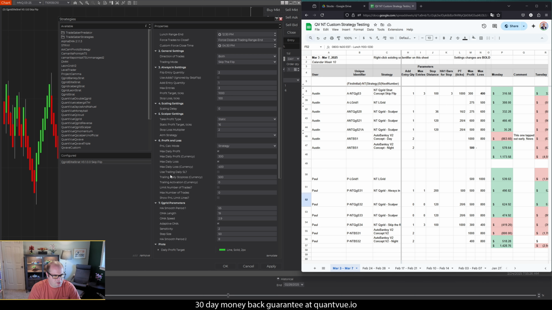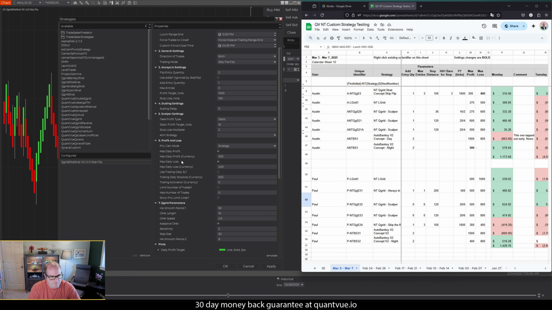All right, use trailing daily stop loss. I'm not using that for this, but if you did want to, what would happen is you would check that, and then your trailing daily stop loss is $500. So whatever your maximum profit level for the day, and whenever we get into this, there will be a gray box that pops up on your chart, and it will show you your max profit.